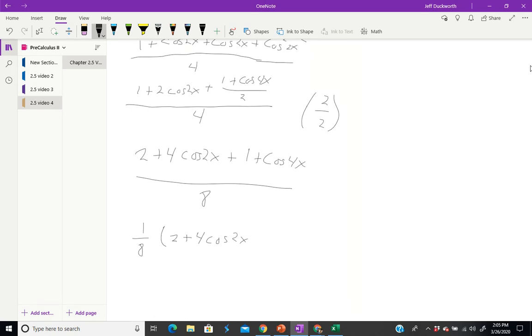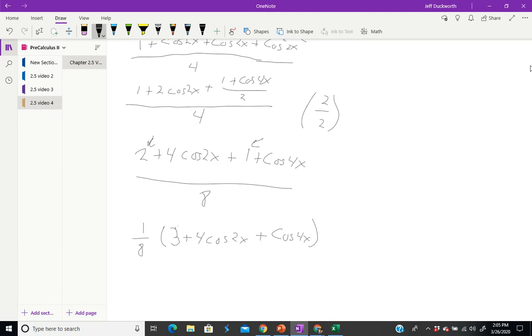In fact, I can combine the 2 and the 1, so I'll make this a 3. They've got a 2 here and a 1 here, so it's just 3. And what do I have left? Another cosine of 4x. All right, so now we're done.